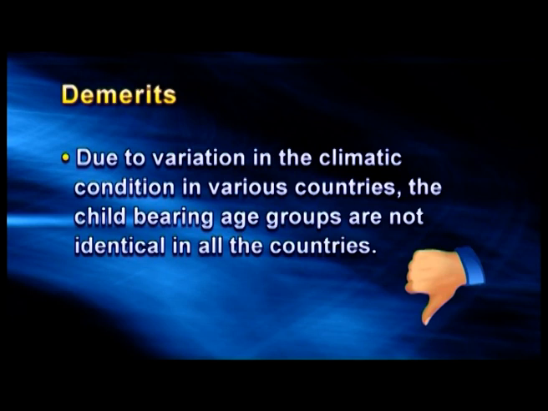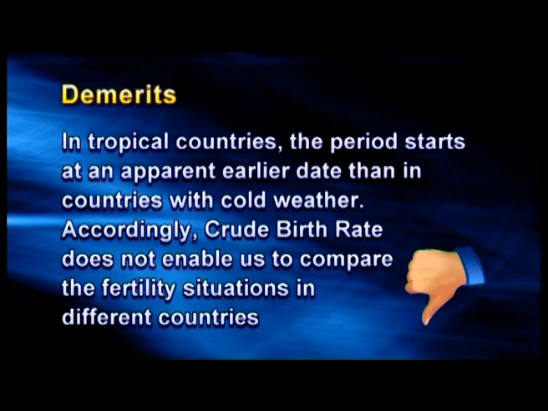Due to the variation in the climatic condition in various countries, the childbearing age group is not identical in all the countries. In the tropical countries, the period starts at an apparently earlier date than in countries with cold weather. Accordingly, crude birth rate does not enable us to compare the fertility situations in different countries.